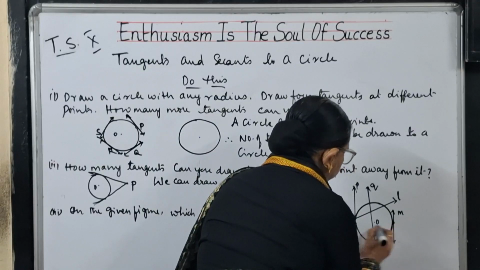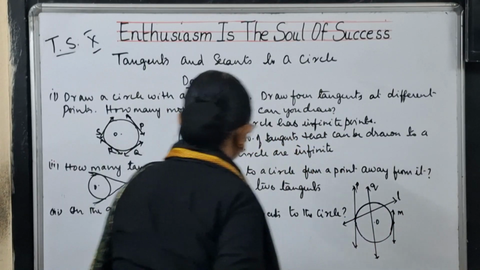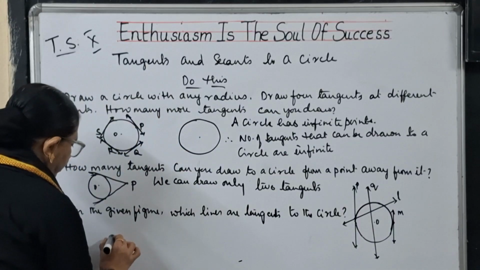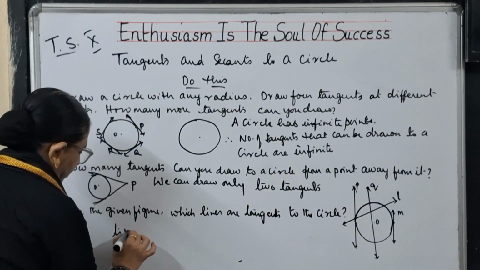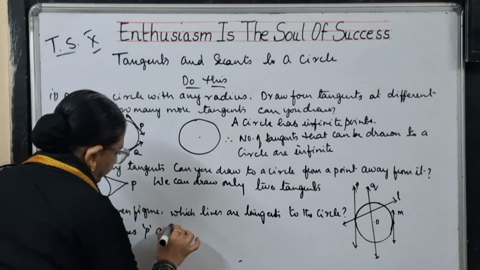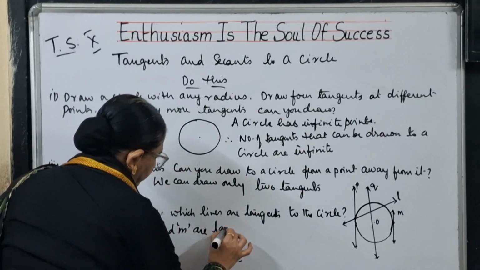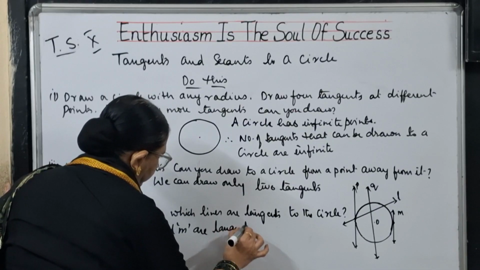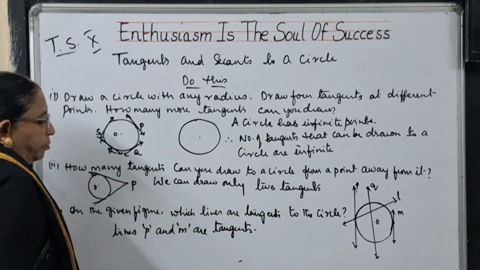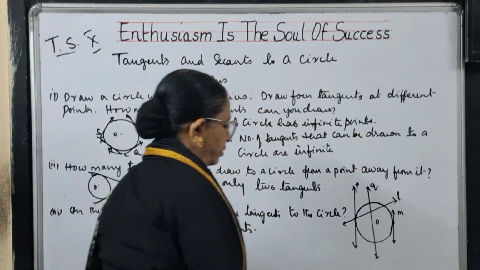This is the point of contact here, and this is the point of contact here. So we can say that lines P and M are tangents. Only these two are tangents. The remaining two are considered as secants. Please note it down.